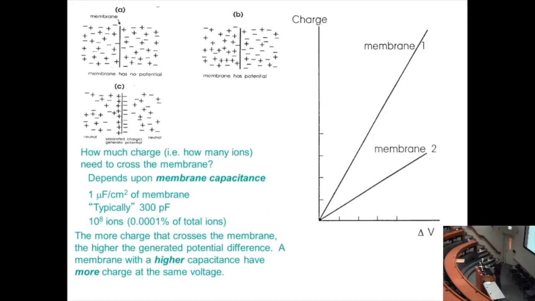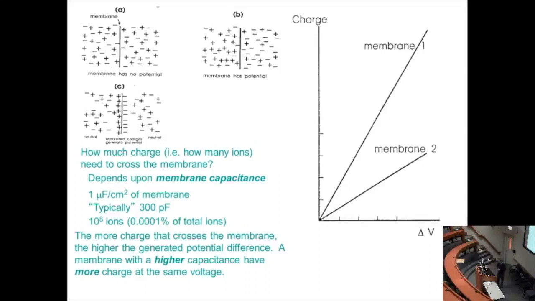If I don't move a lot, then it won't be a big difference in charges and the voltage won't be as much. All right? And if I want to change the membrane voltage, then I have to bring charge across that membrane. And as I bring more charge across, the voltage will go up. And it's a nice linear relationship. Okay? The slope of that relationship is what we call the capacitance of the membrane.